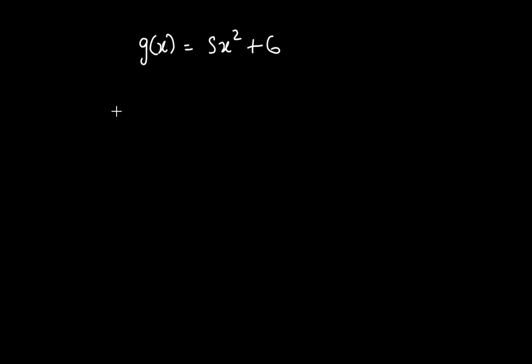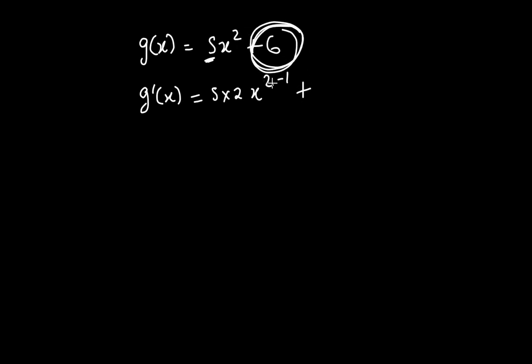Combine the two rules. The derivative of g would be equal to whatever is here times the exponent, meaning 5 times 2. Then you say the exponent minus 1. Then because that is a number, it is a constant, the derivative of that is just 0.